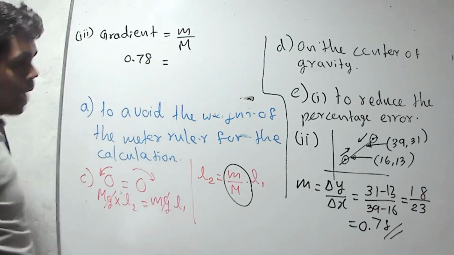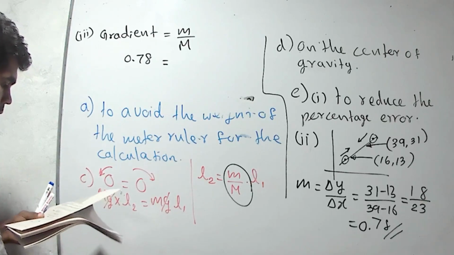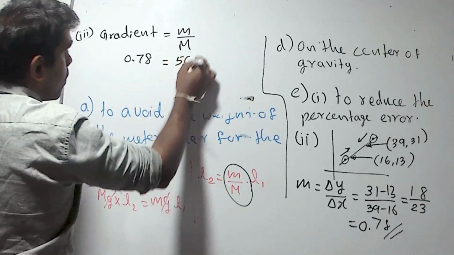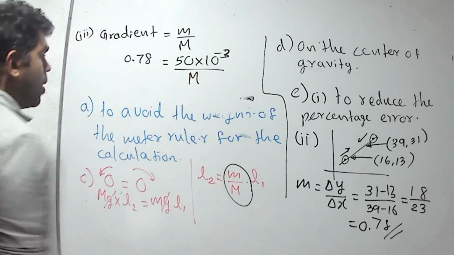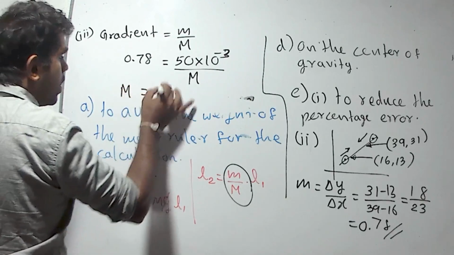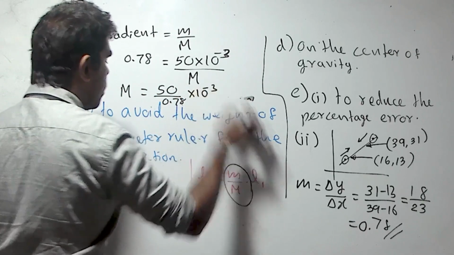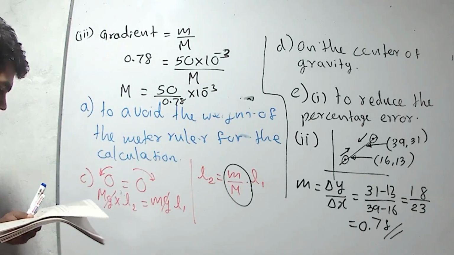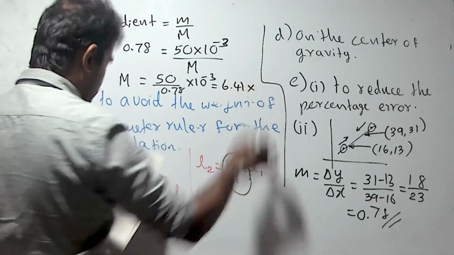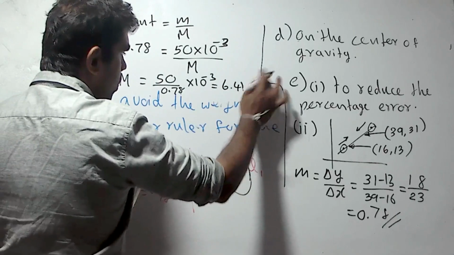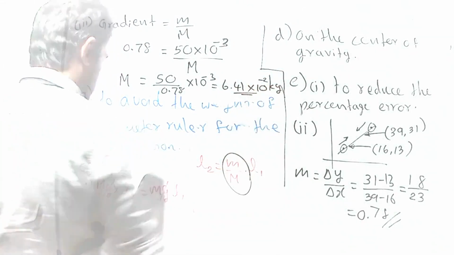Simple m is the mass of the given constant weight, 50 grams. We have to convert it to kilograms, 10 to the power minus 3, since we have to give the answer in kilograms. Then we can simplify: 50 divided by 0.78 times 10 to the power minus 3, which is approximately 6.41 times 10 to the power minus 2 kilograms.